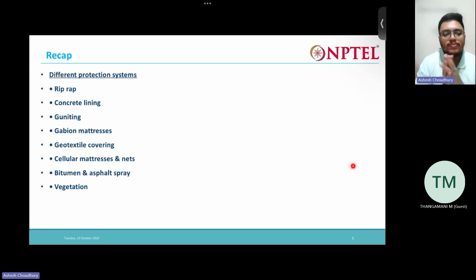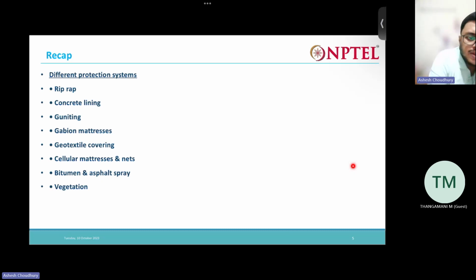To prevent that, we place a geotextile layer over the slopes, and that will prevent the erosion of the soil to some extent. Geotextile covering can be natural or synthetic. Natural means using jute and coir, and synthetic means PVC and those kinds of geotextiles. Both you can use. There are some advantages and disadvantages.